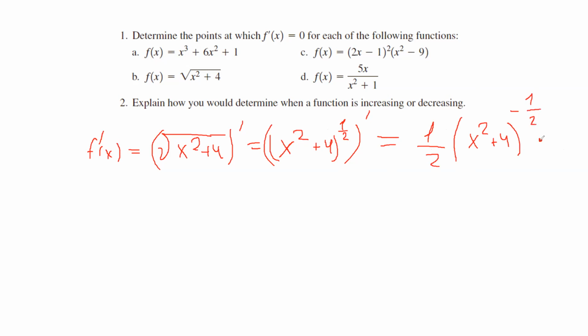Times the derivative of what is inside, and inside I have x squared plus 4, which results in 2 times x. I said the quotient rule, I meant the chain rule. Yeah, basically we use the chain rule and the coefficient rule as well. Or no, the quotient rule is solely about fractions, right? Power rule and chain rule.